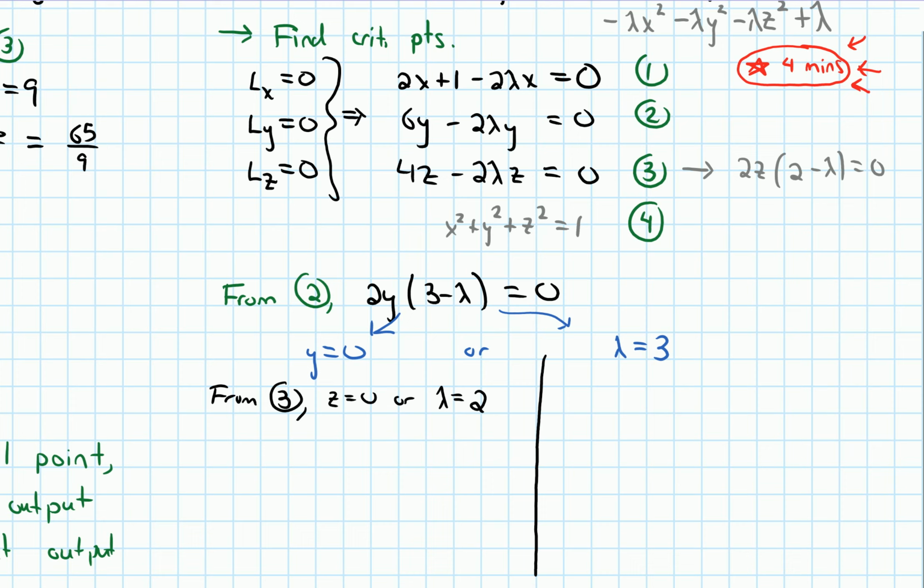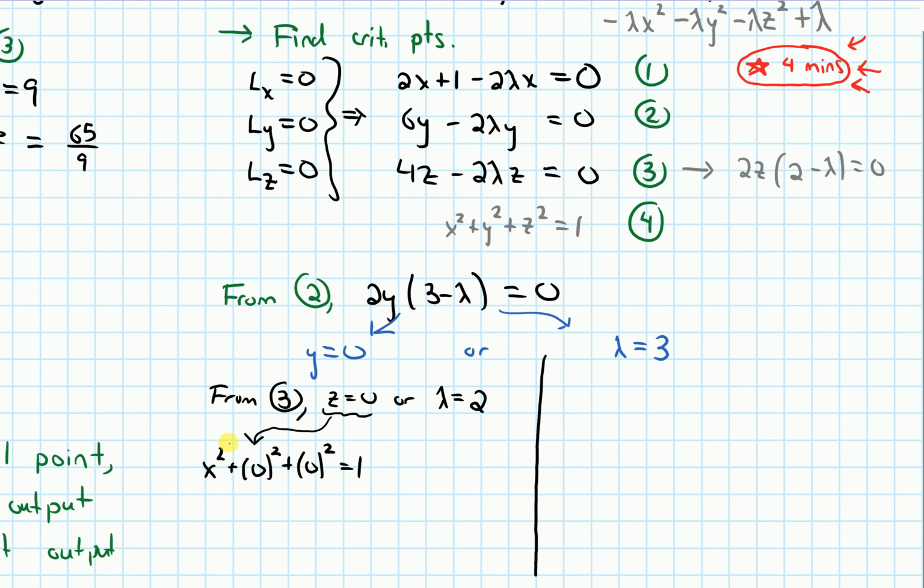So let's deal with each of these. So first let's do z equals 0. So we're working within the case where y equals 0. And now if we also are looking at the case where z equals 0, we could plug into the fourth equation, our constraint, to get x squared plus 0 squared for y squared plus 0 squared for z squared equals 1.